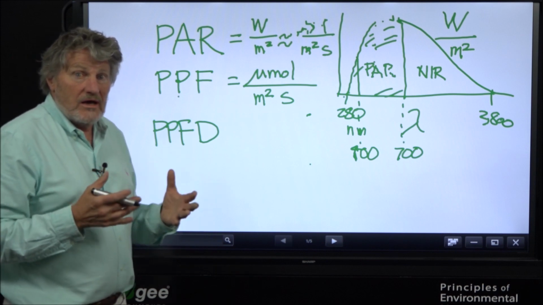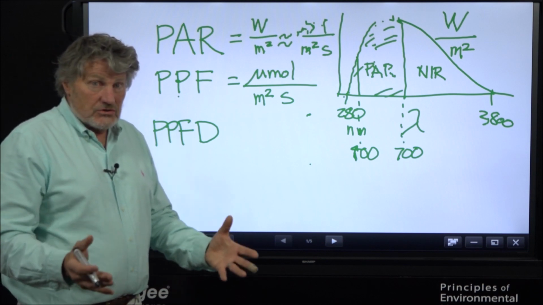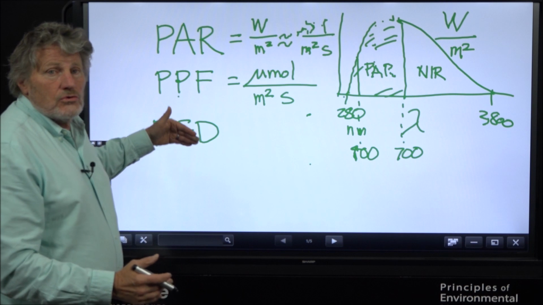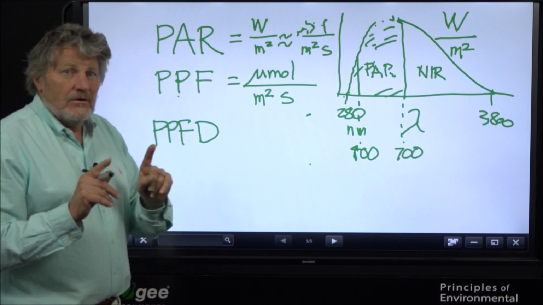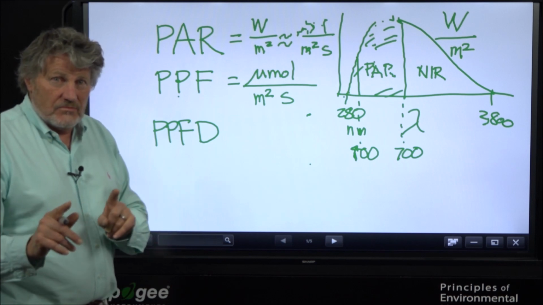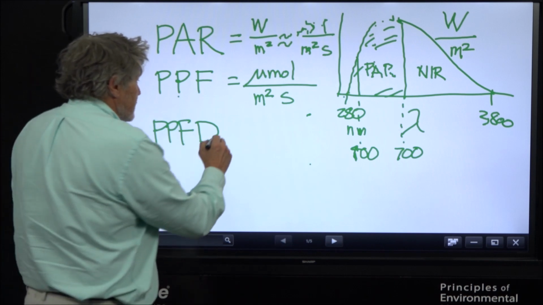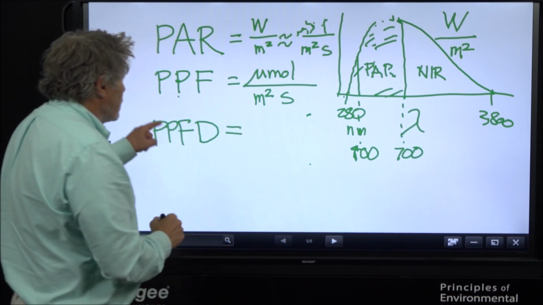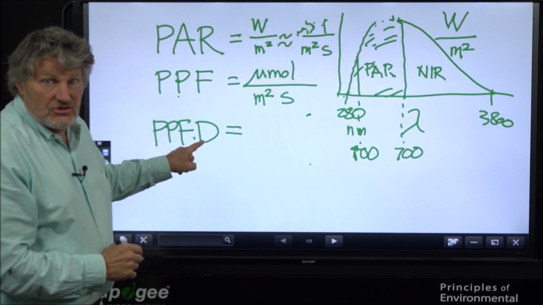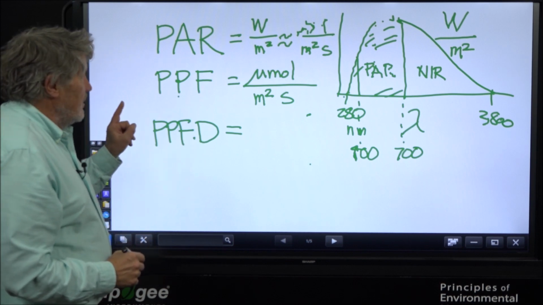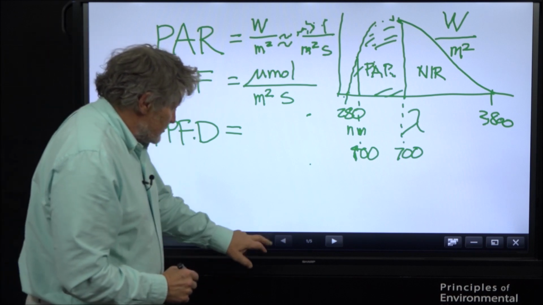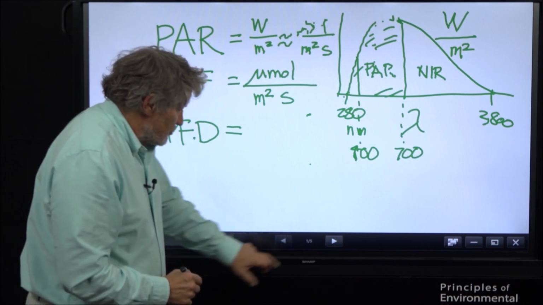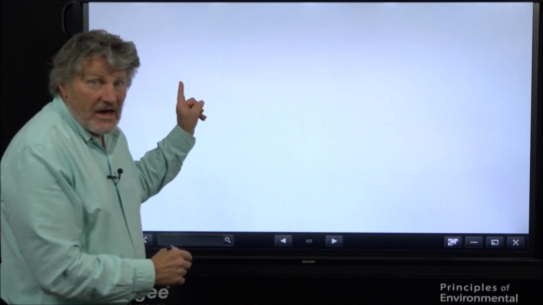And even during my career as a researcher, we have used these interchangeably. But we are evolving now to different definitions. The D stands for density.